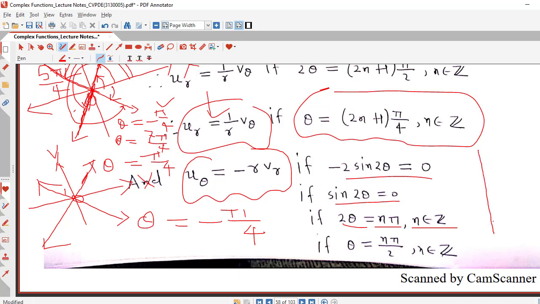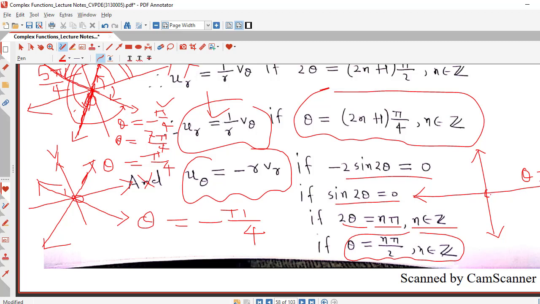Now we check the second equation. The second equation is satisfied if θ is a multiple of π/2. So if I take n equal to 0, I obtain θ equal to 0, which means we are on the positive x-axis.